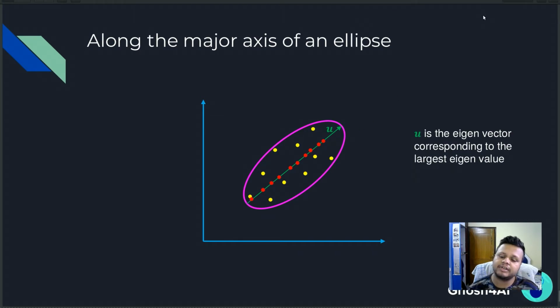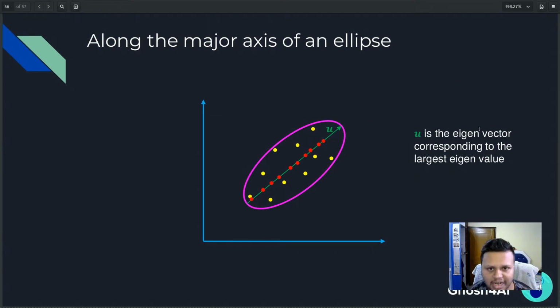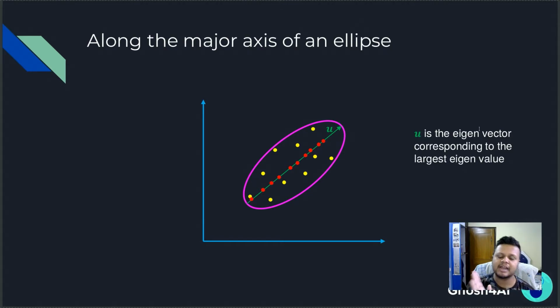So as I have written here, U is the eigenvector corresponding to the largest eigenvalue of the matrix representation of these data points. And this eigenvector gives me the most ideal direction of the new dimension where the variance among the data points will be maximum.